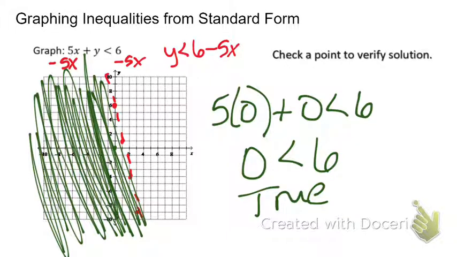So that's how you would do standard form. You would want to make sure that you check a point for the shading, and you can go to slope-intercept form. Sometimes you need to because of the way the ordered pairs work for the intercepts. Or you can graph the intercepts, but the shading would come from checking to see which side is true.